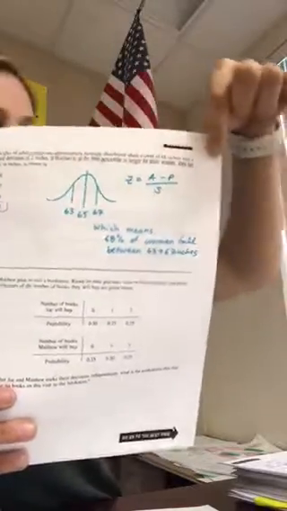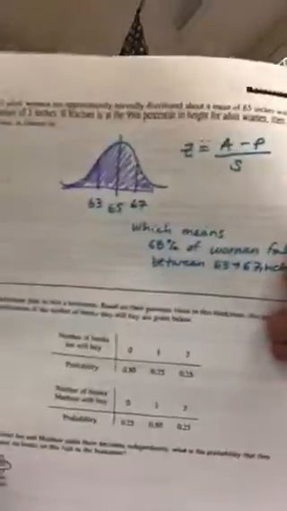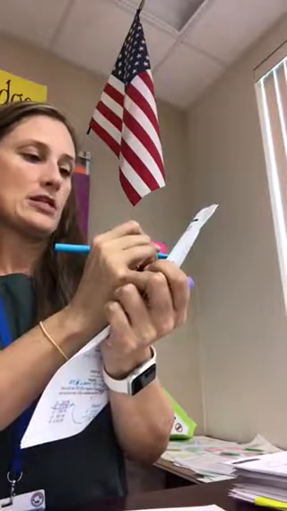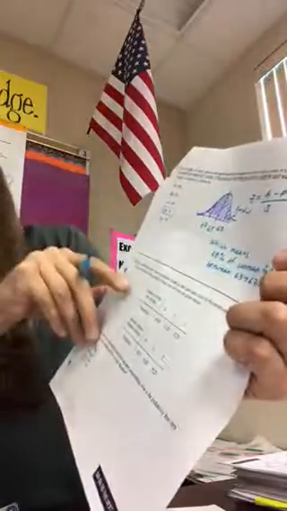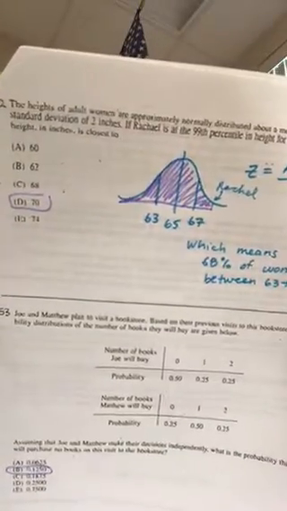They told me the area, because they said her actual height is in the 99th percentile. So that means the area under this curve is 0.99 if the area under the whole curve was 1. So I pretty much know she's really tall. That's Rachel's height, and I'm looking for that value. So I can pretty much eliminate A, B, and C. The only one I'm not sure about is whether it's D or E.